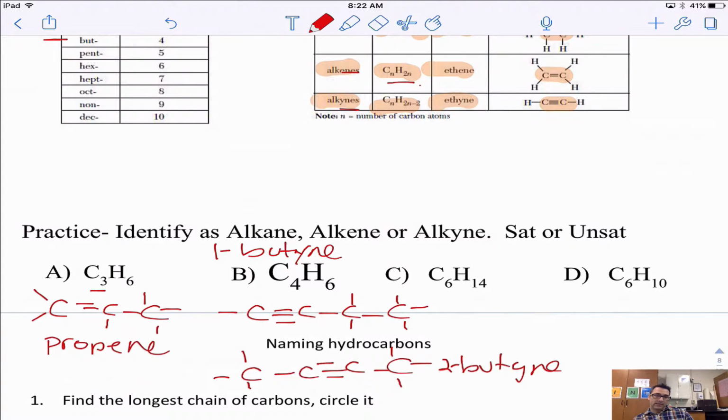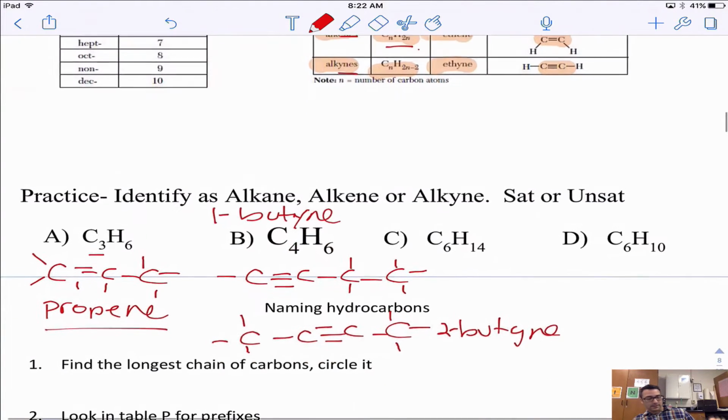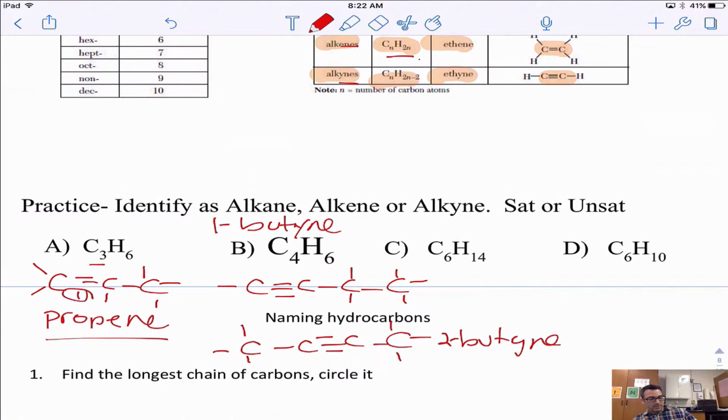With the propene, I don't need to do that. If we look back at the propene, it was attached to the first carbon. Now you might be saying to me, but wait a second, you could do this. You could do a single and a double like this. And you're right, I could do that. But look, if I number the carbon, this would now be the first carbon.